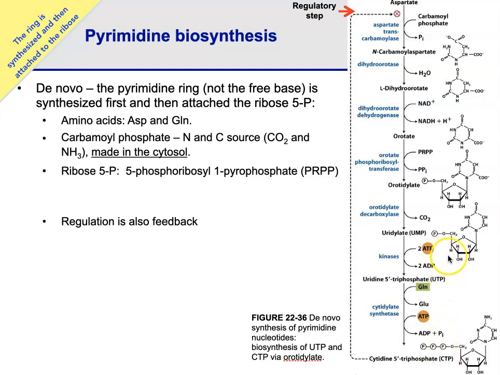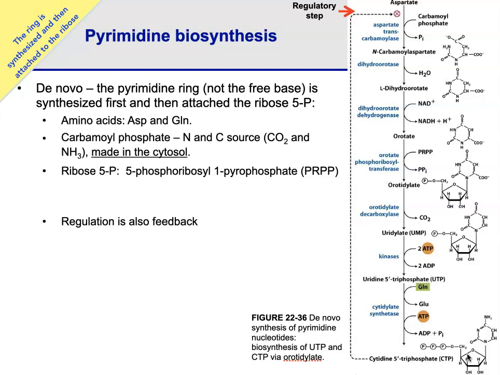And of course, we've described the biosynthesis of A and G, adenine and guanine bases, and now we've described the synthesis of uracil and cytosine bases. The one base we haven't described yet is thymine, but that base only exists in deoxyribonucleotides.